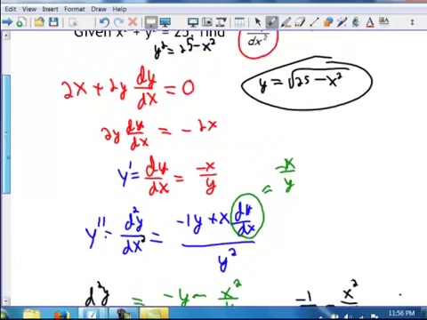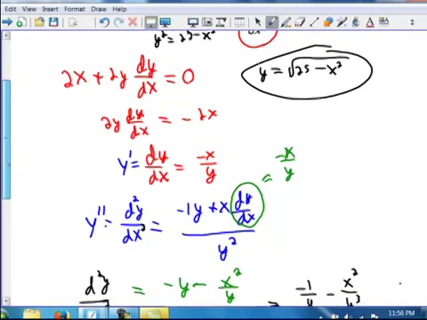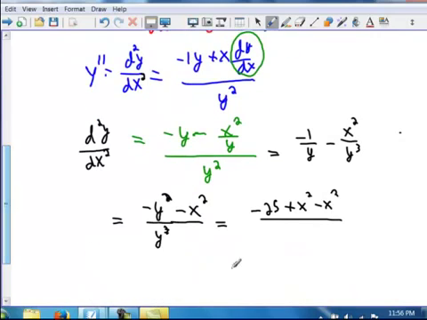That's really going to be this to the 3 halves, so 25 minus x squared times the root of 25 minus x squared. This is canceling.